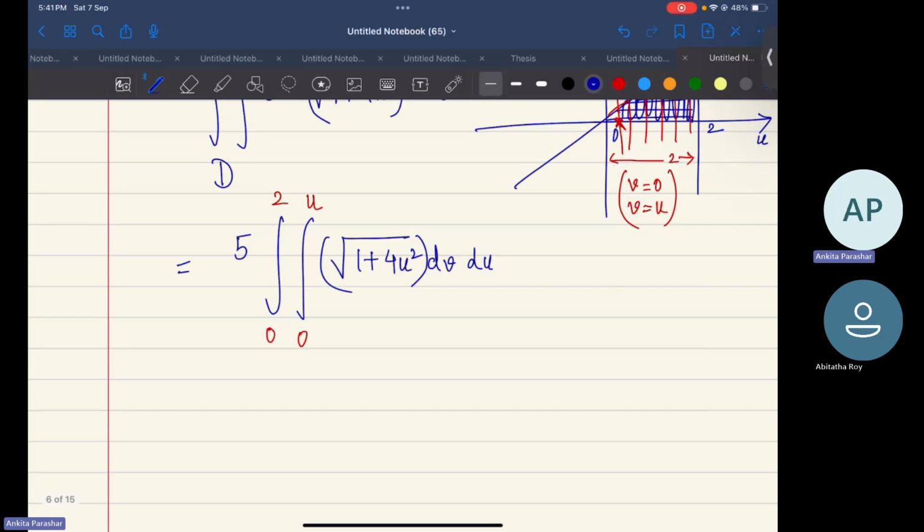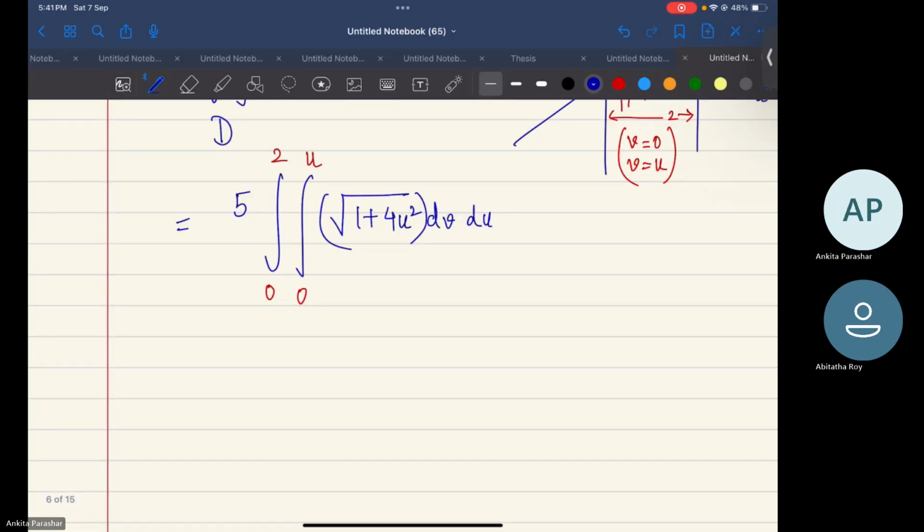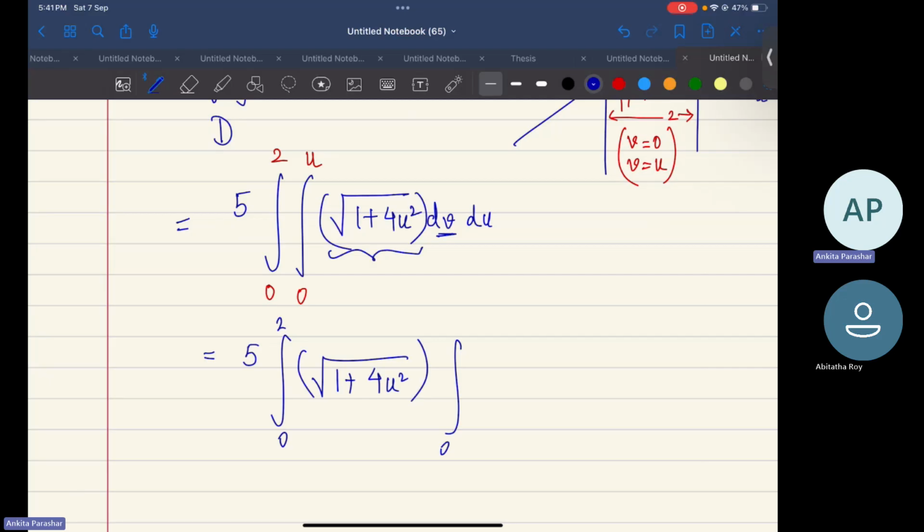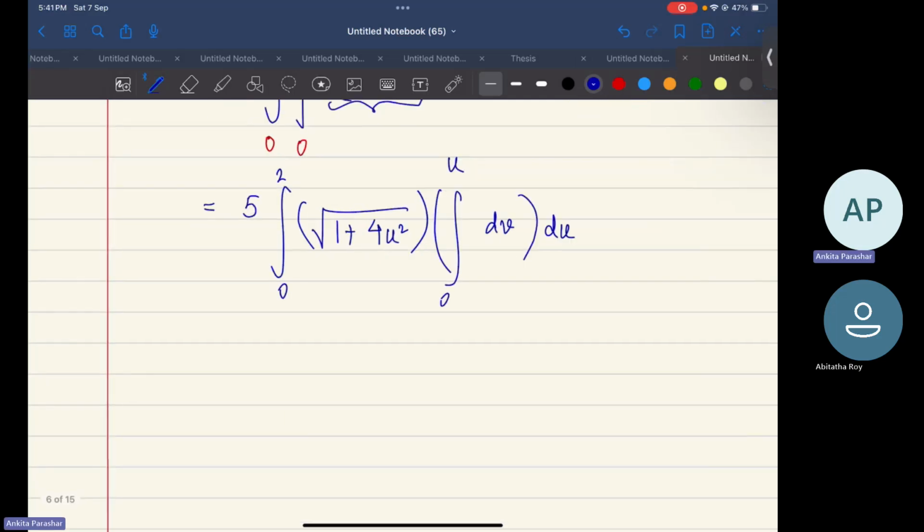Now can we compute it? Since there is no variable V in our function, it can be taken outside. I will write 5 times the integral of root of 1 plus 4u square, and then the integration over 0 to u of dv, and then du. The integration of dv is just V from 0 to u.